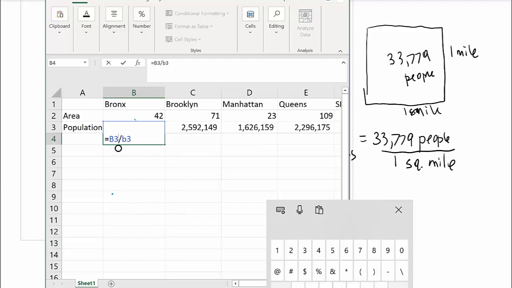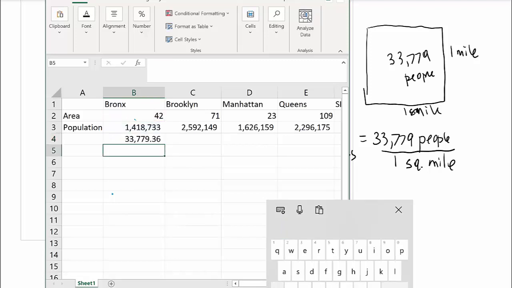B2 divided by B3. I'm sorry, B3 divided by B2. Here we go. All right. So you see, careful with the order. So you're taking the population and dividing by the area, not the other way around. Okay, so I'm going to drag it across.